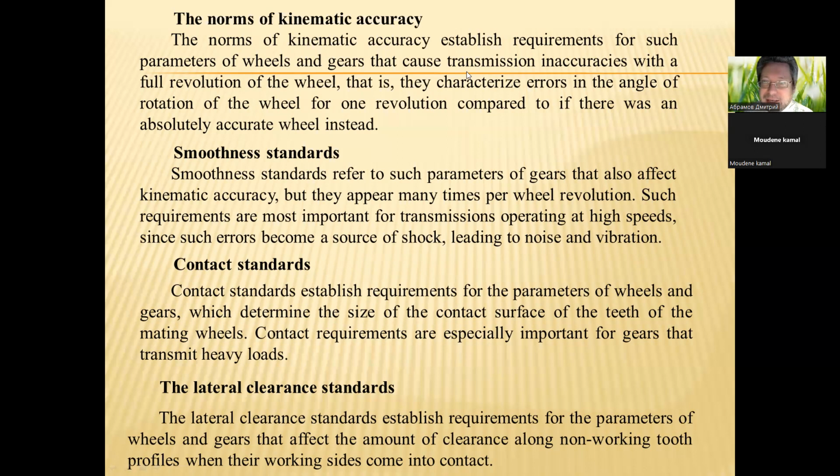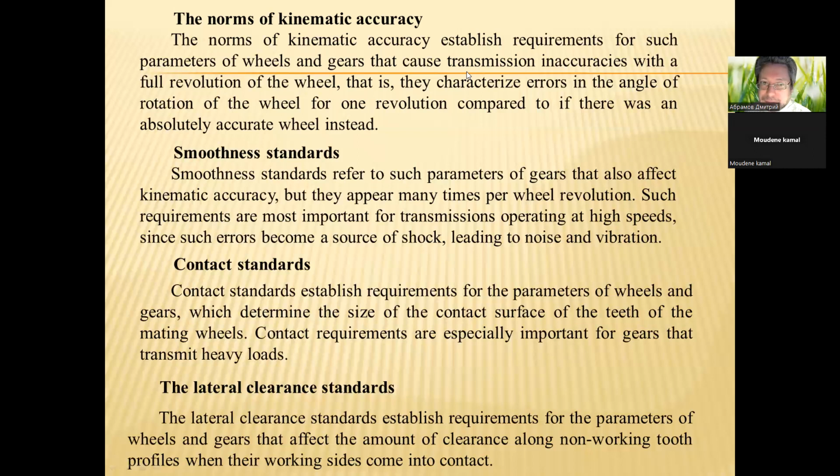That is, they characterize errors in the angle of rotation of the wheel for one revolution compared to if there was an absolutely accurate wheel instead.